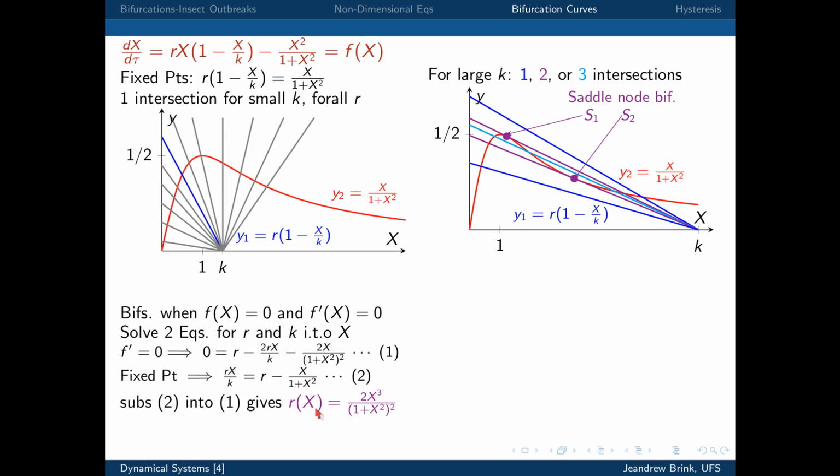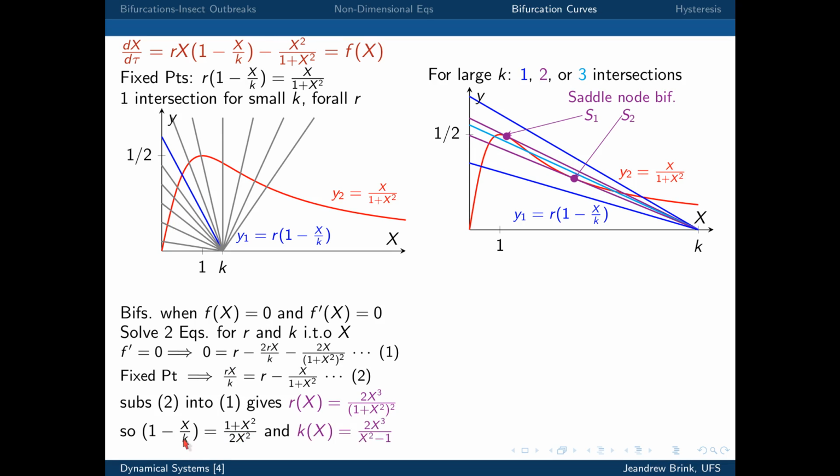We then take this thing and put it back into one of those two equations, and we can actually get 1 minus x over k equals (1 plus x squared) over 2x squared. In other words, we've basically put the expression for r in over there, and over there, and then we get that this is equal to that, and we can divide by r to actually get that.